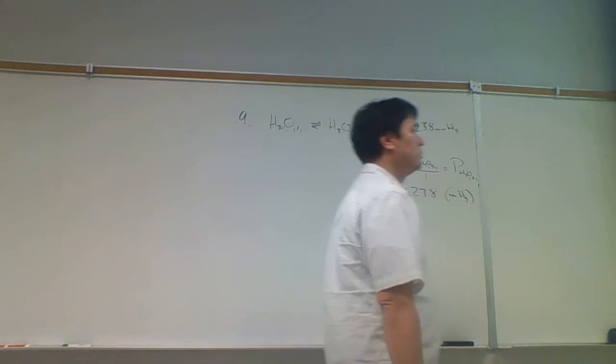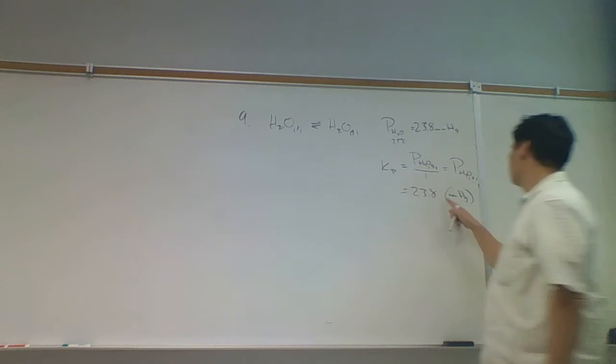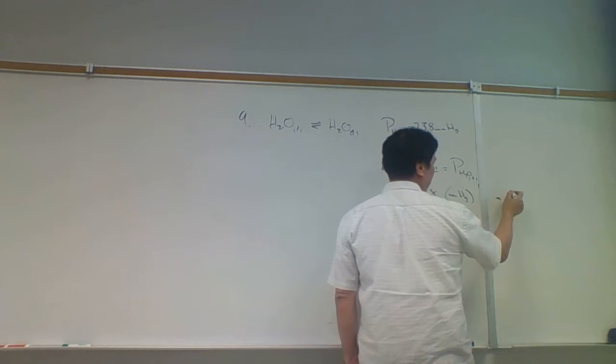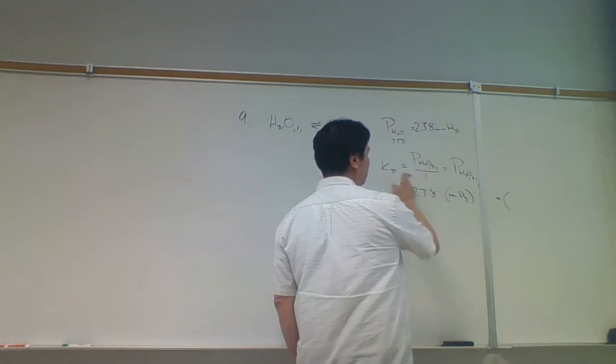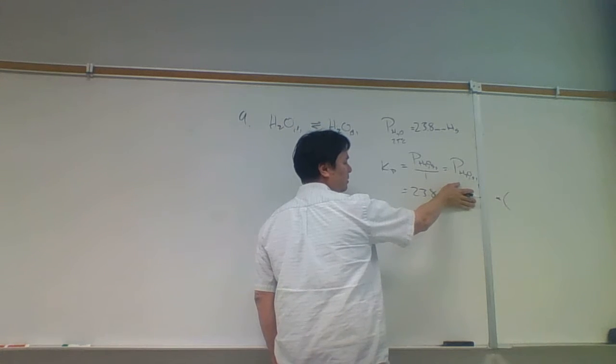But what they want us to do is get Kp with pressure in atmospheres. And so if this is the Kp, the ratio in millimeters of mercury, to go to atmospheres, we just convert millimeters of mercury to atmospheres. Now, Ks are usually dimensionless, so this is why I put this in parentheses, because normally we don't include a unit.